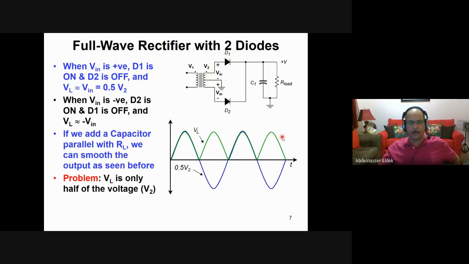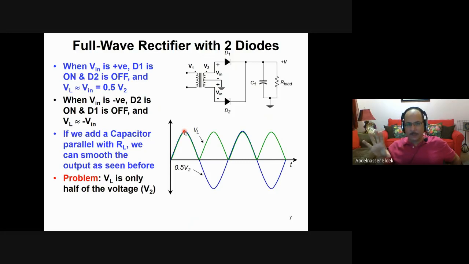If we do not have a capacitor, this is how it looks. But ideally, the green one, which is VL, is supposed to be the input minus 0.7 volt if the diode is silicon.